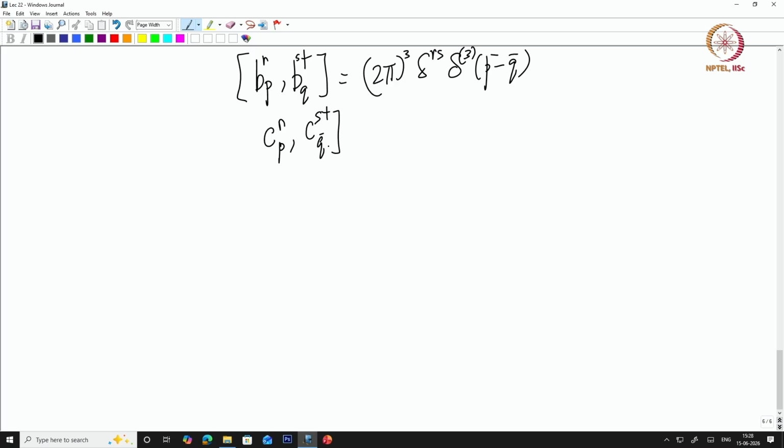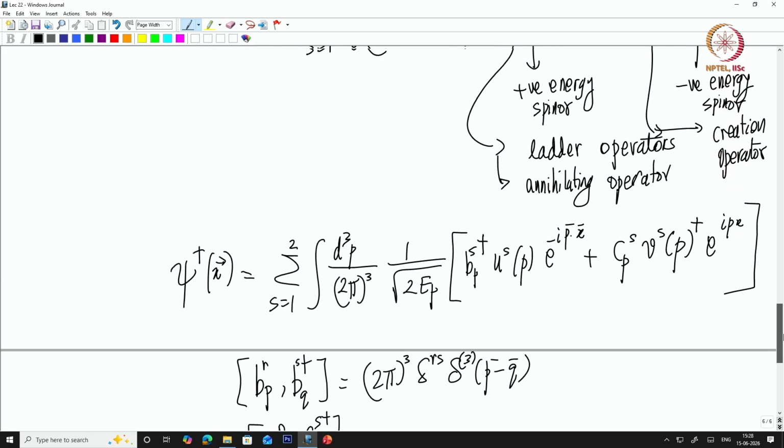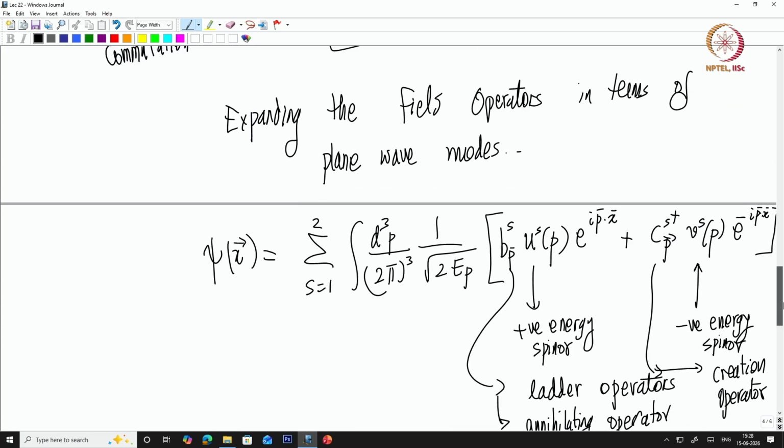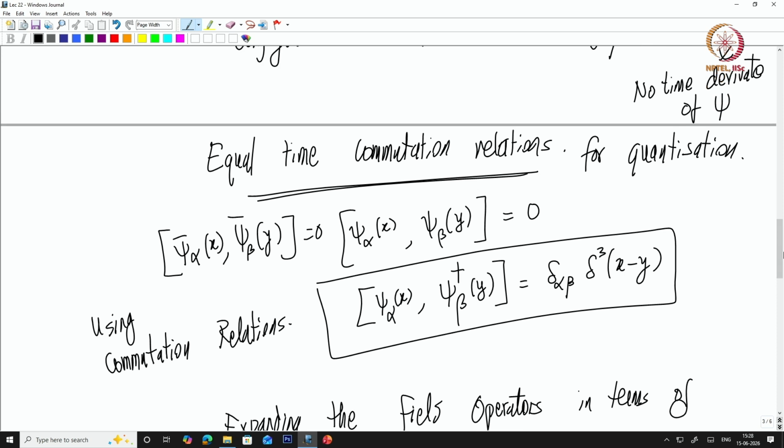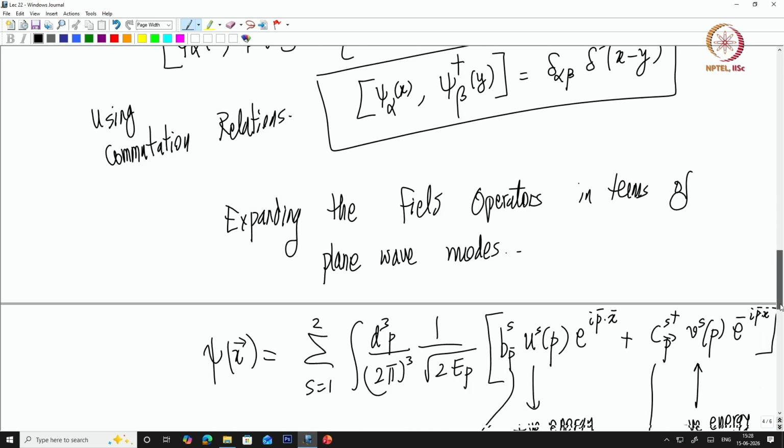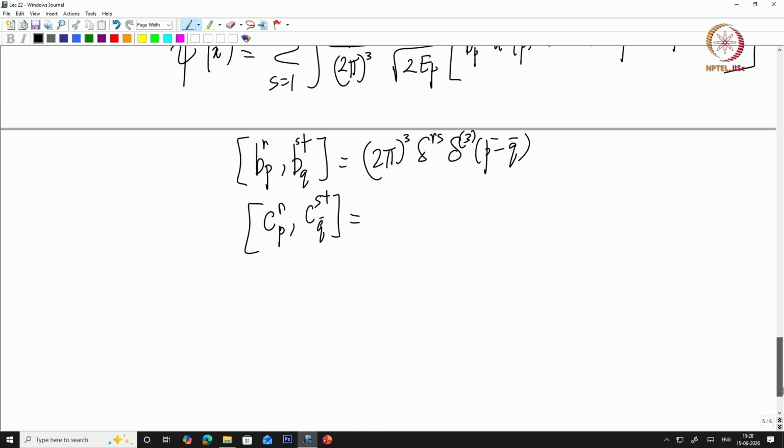Turns out, if these equations have to be consistent with these commutation relations, then you should put a minus sign here, δ_{rs} δ^3(p − q).